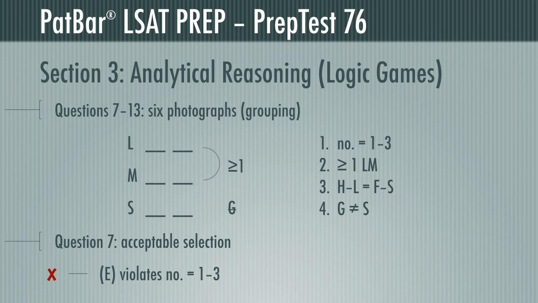Hui is to lifestyle what Fuentes is to sports, and D puts Gagnon in lifestyle both times. Can C be correct? According to Rule 2, it cannot. Lifestyle and metro must have at least 1 photographer in common. Only B abides by all the rules, and only B is correct.